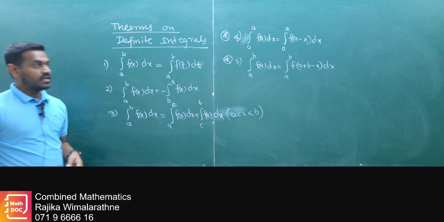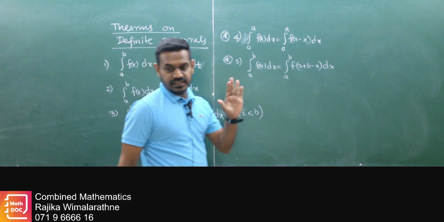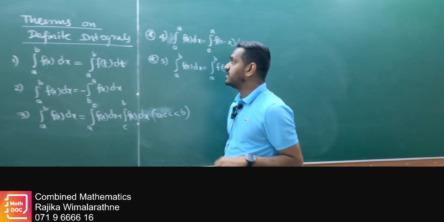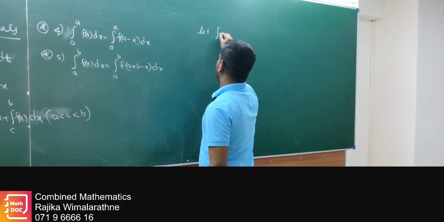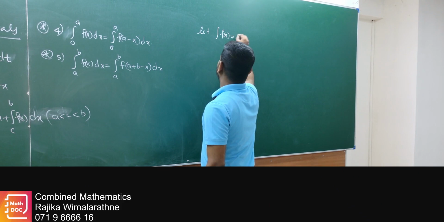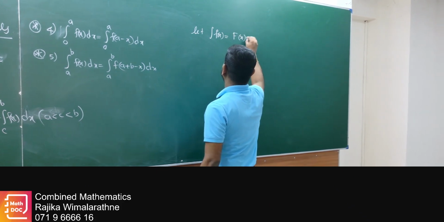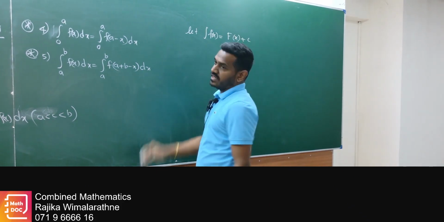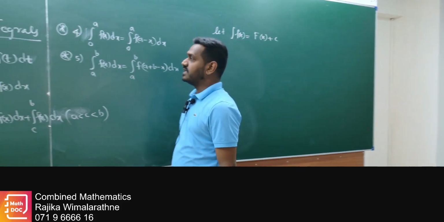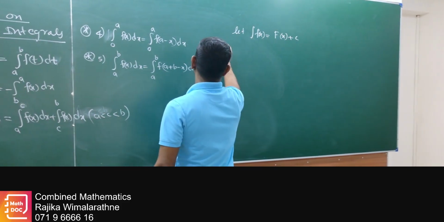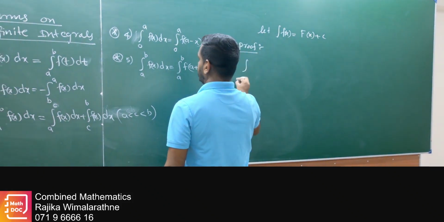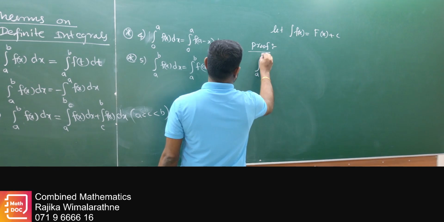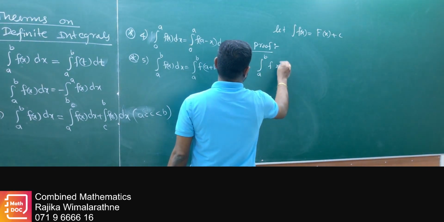Okay. Now see theorem proofs. First one. Here let the integral of f(x) equal capital F(x) plus c. Then proof number 1, integral a to b f(x) dx.